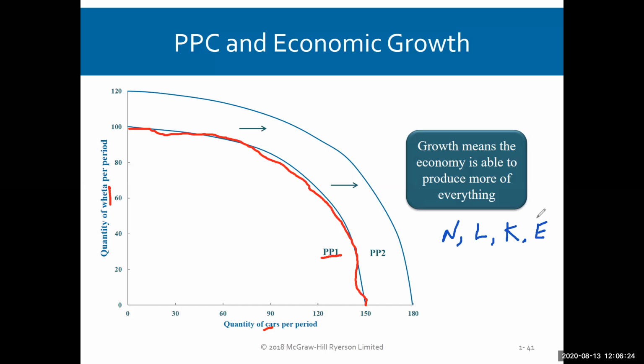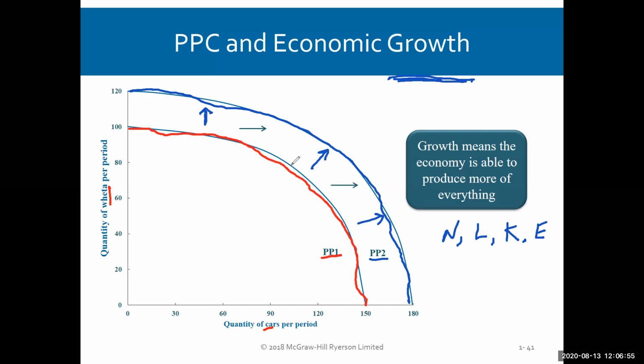Well, that means that a country is probably able to produce more of everything. So our whole production possibility curve shifts out like this, and it's PP2. I prefer to show the shift with arrows that look this way because it shows that the whole production possibility curve shifts out. So that indicates economic growth or potential growth.